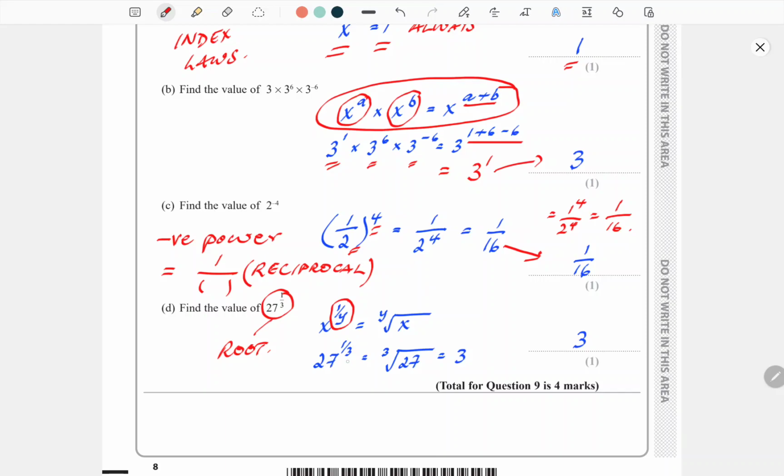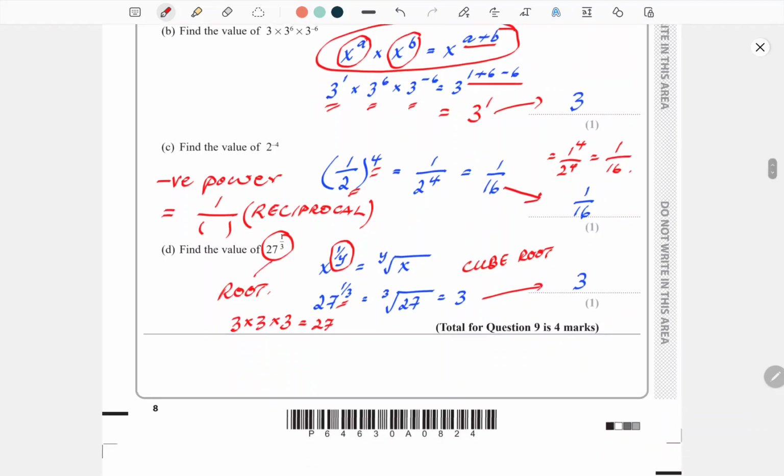So 27 to the power 1/3 is the cube root of 27, and that is 3. Why? Because 3 times 3 times 3 equals 27. That's what it means by the cube root. What number times itself 3 times will give you 27? And that's 3.